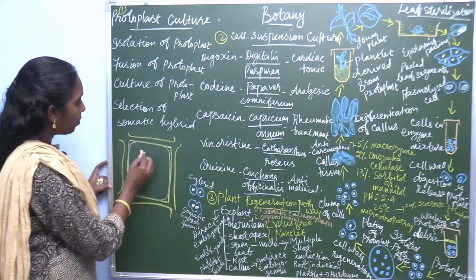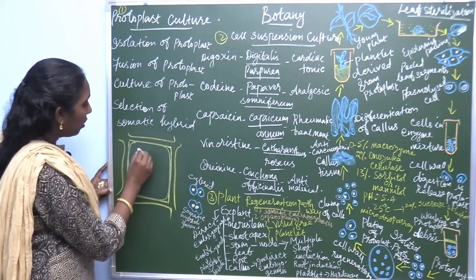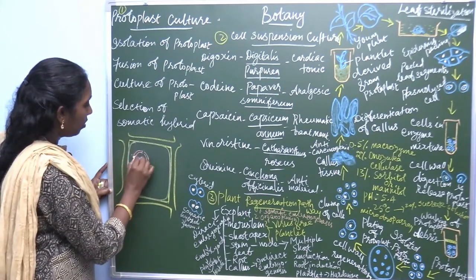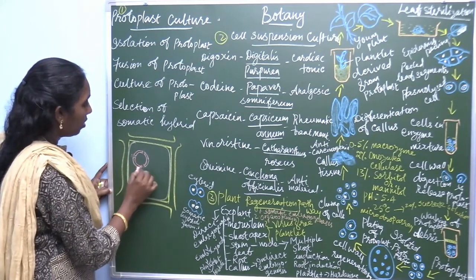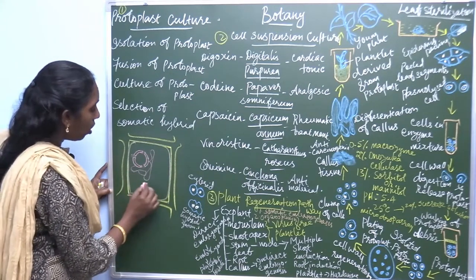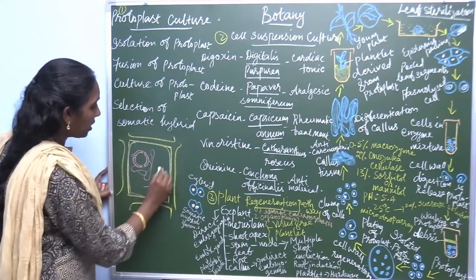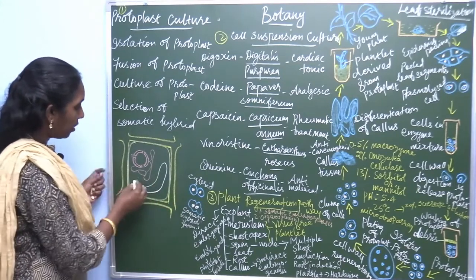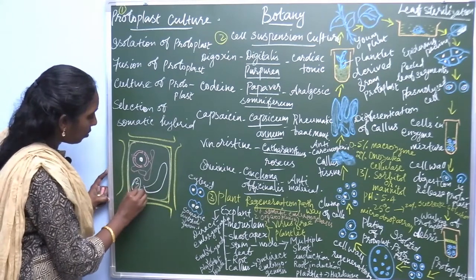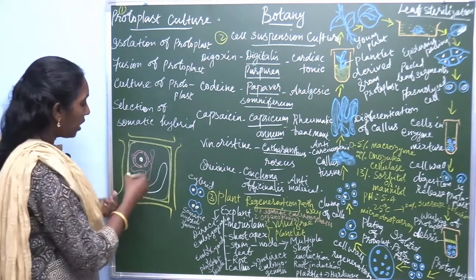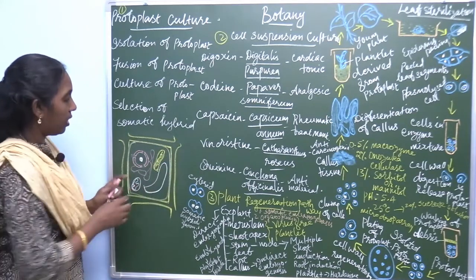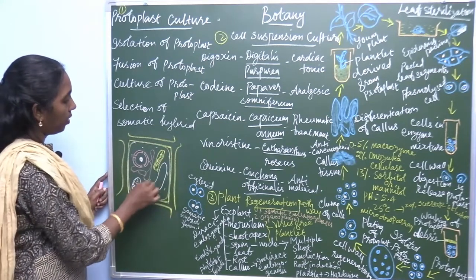Inner to the plasma membrane there is a nucleus, endoplasmic reticulum, large vacuole in plant cell, mitochondria, here nucleolus, mitochondria, chloroplast. So, all these organelles, cytoplasm.